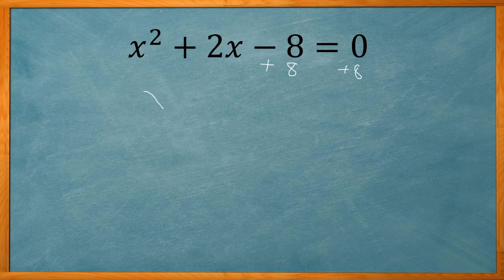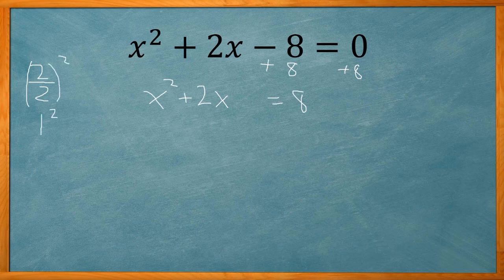That leaves me with x squared plus 2x equals 8. Again, I take the x coefficient, divide it by 2, and then square it. Again, I get 1 squared, just 1. Add 1 to both sides.